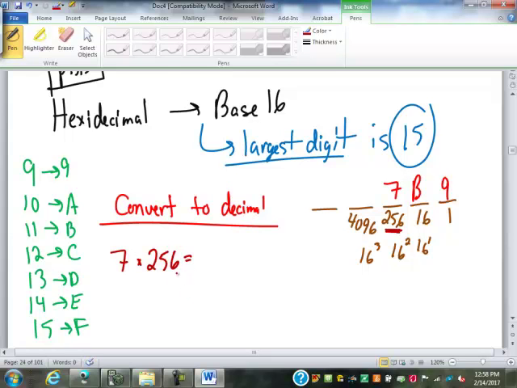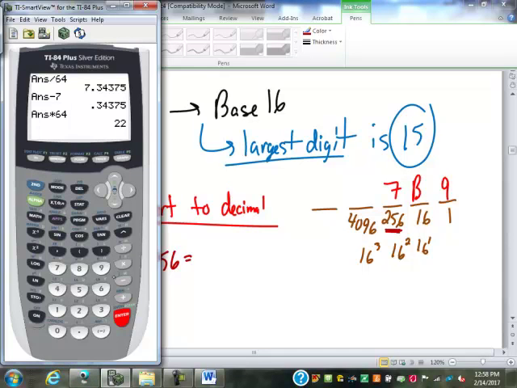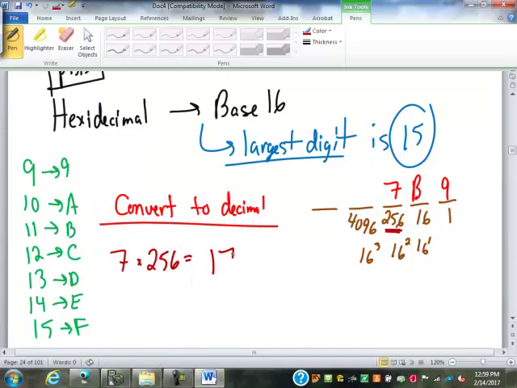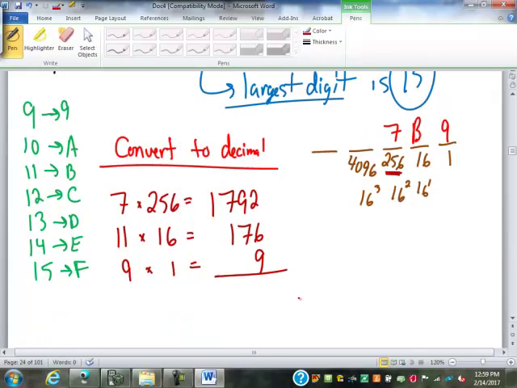Okay. What is 7 times 256? Perfect. 1792. B is in 11, so that's 11 times 16, which is 176. And of course, 9 times 1 is just 9. So what does that add up to? 1977.